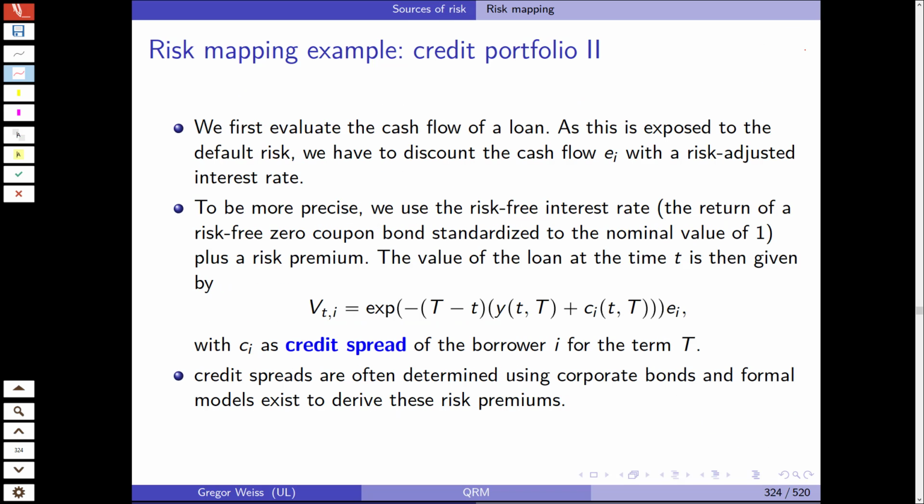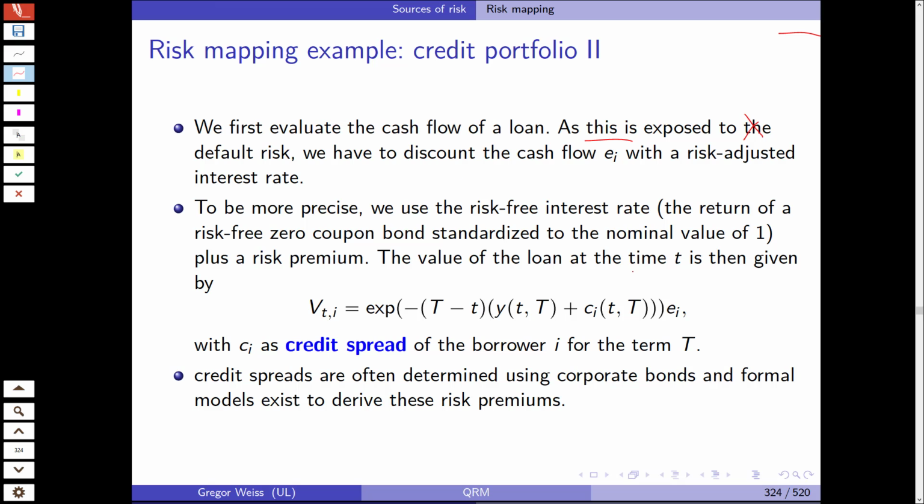We first evaluate the cash flow of a loan. As this is exposed to the default risk, I have to make some corrections here. We have to discount the cash flow EI with a risk-adjusted interest rate. More precisely, we use the risk-free interest rate plus a risk premium for taking into account that we bear default risk.